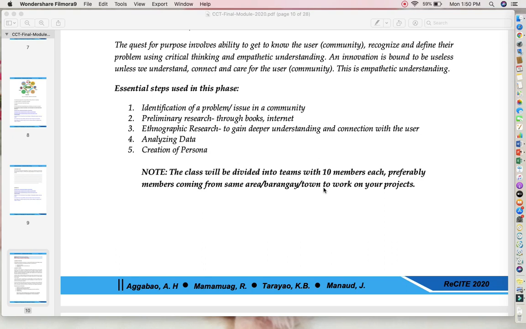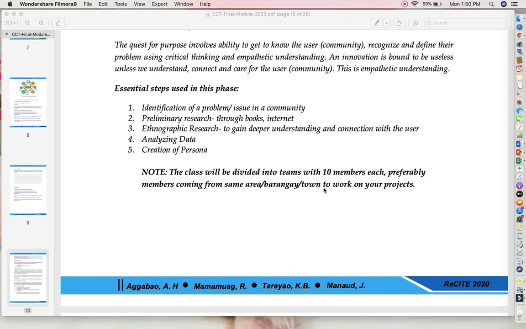This is empathic understanding. You have watched The Bahay Kubo by Mark Amin and the group. You have seen there that empathic understanding is done if you immerse yourselves with the community, if you understand the problem of the user, which is also your community.